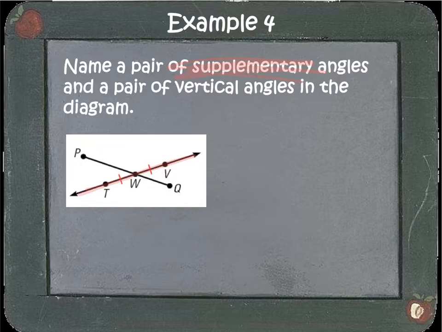So what if I do this one and then this same one here, but name them separately with 3 letters? PWT and PWV. Good. That's one pair. Anybody see another pair?